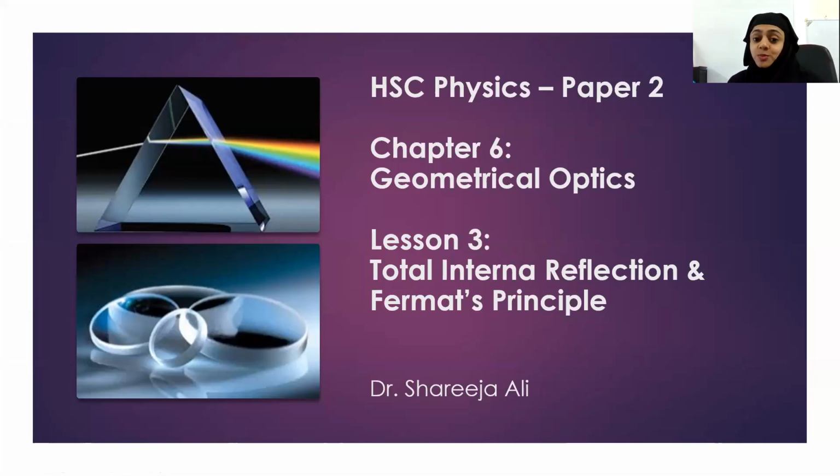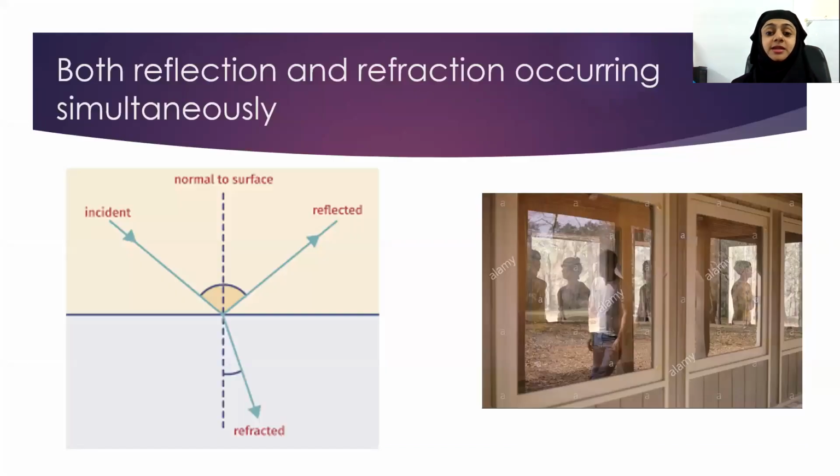Do you know what is meant by total internal reflection? The name itself carries what is meant by total internal reflection. Reflecting completely. Usually, when light enters a transparent medium, we expect that all of the light passes through the transparent medium.